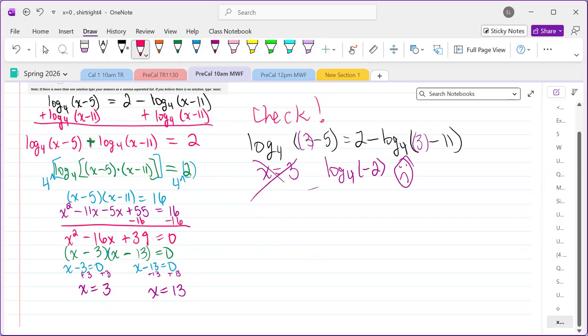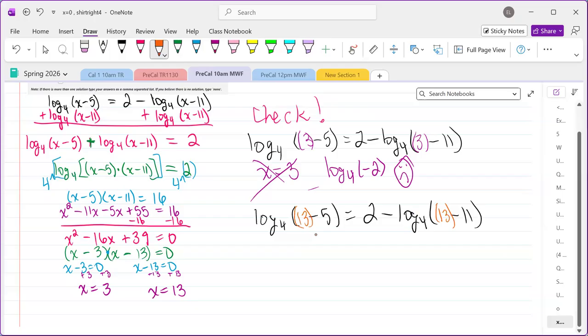Now our 13: 13 minus 5 is 8. 13 minus 11 is 2.